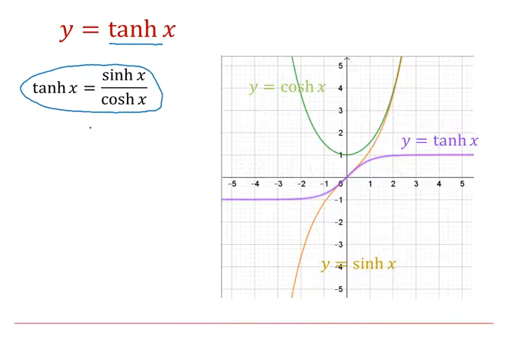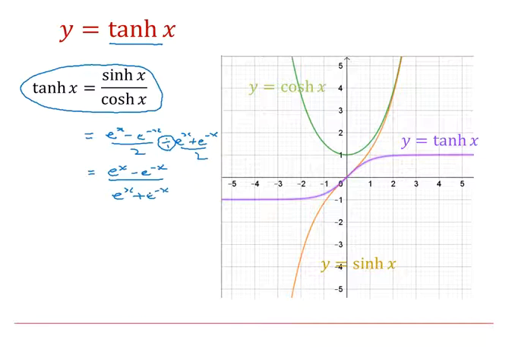There's also a standard way of writing tanh x in terms of exponential functions. So if we go back to our definitions of sinh and cosh, we've got e to the x minus e to the minus x over 2, and we're dividing it by e to the x plus e to the minus x over 2. If we reciprocate this second fraction and turn it into a multiplication, we get e to the x minus e to the minus x over e to the x plus e to the minus x.